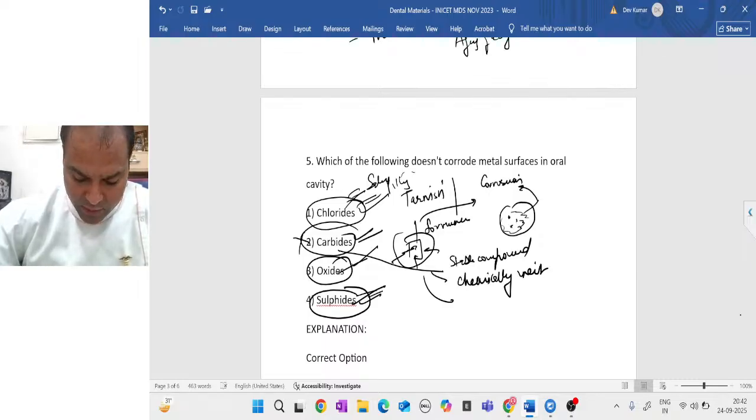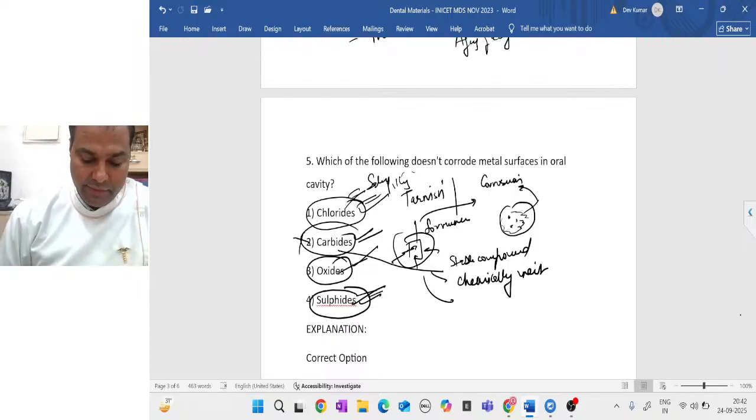They do not have any reaction with the metal surface. Okay, so the best answer here is carbides.